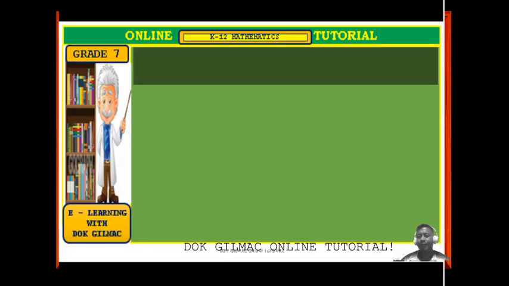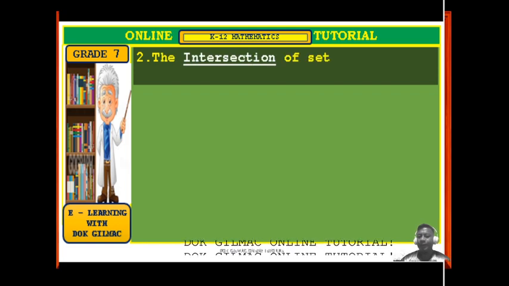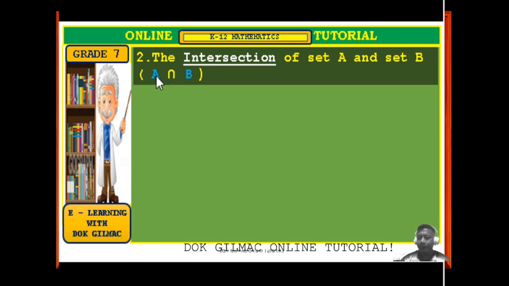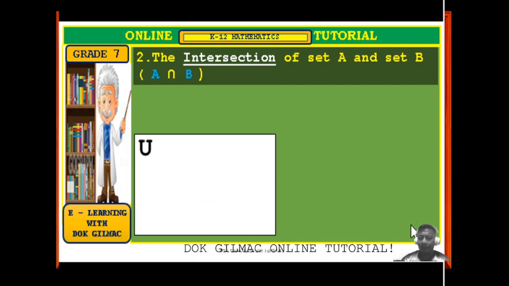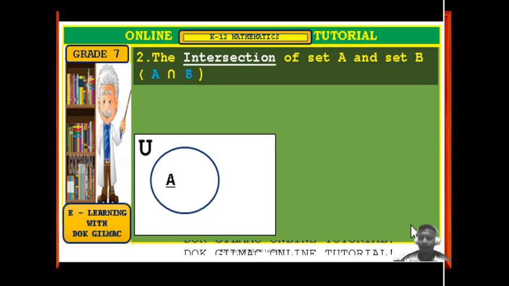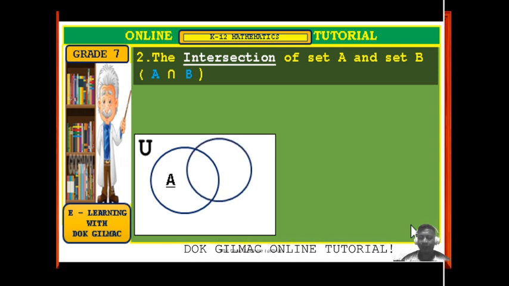Next, number 2. The intersection of set A and set B, denoted by this symbol, is read as A intersection B. Again, consider the Venn diagram here. Rectangle for the universal set and circles for both set A and set B. Now, how can we determine the elements of the intersection of set A and set B?